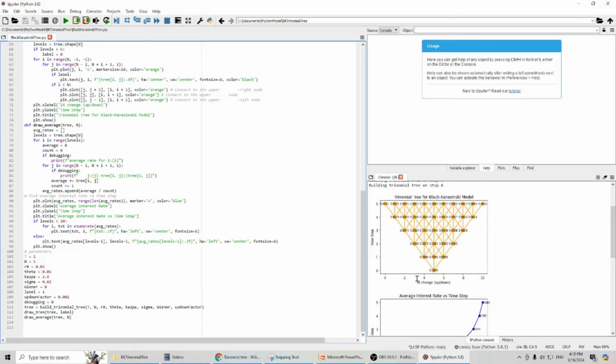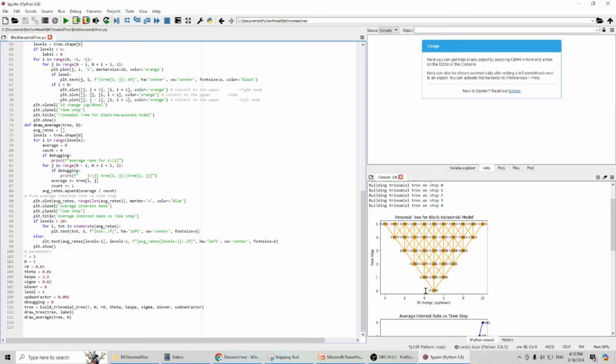If you check the tree, you can see from the first data node the interest rate is 0.05, and if it goes to the middle, it will become 0.0556. This is because we are using Black Karasinski model, so the interest rate will change a little bit, and then the rate will go up to 0.0566, and if it goes down, it will become 0.0546.